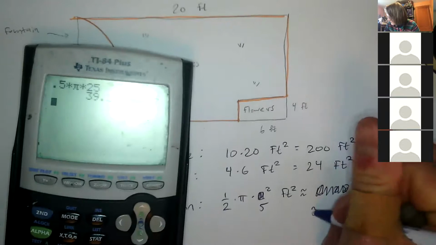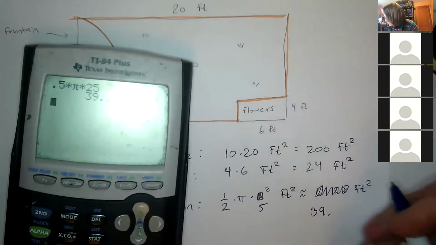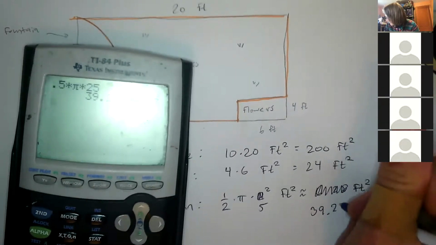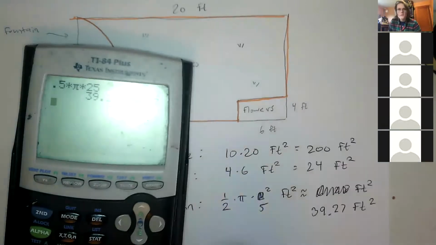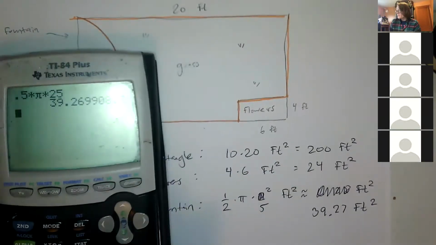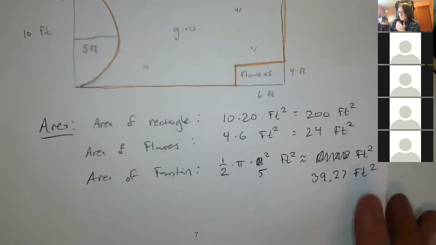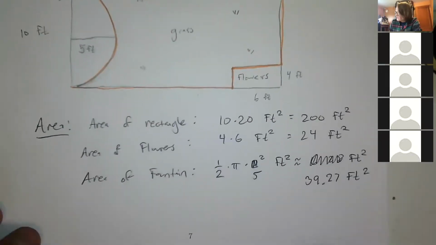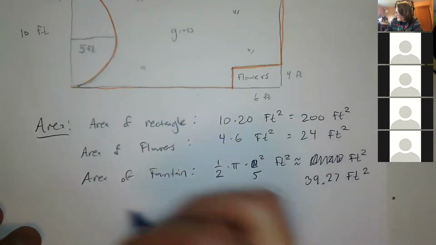So it's 39.27 feet squared. All right, that's better. So I just subtract them off because I don't want this area and I don't want that area.